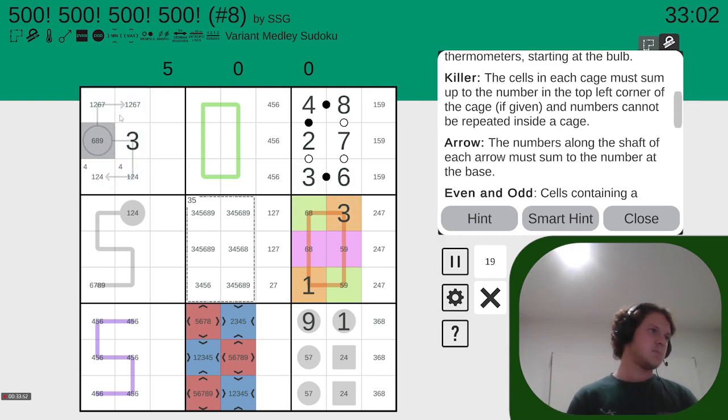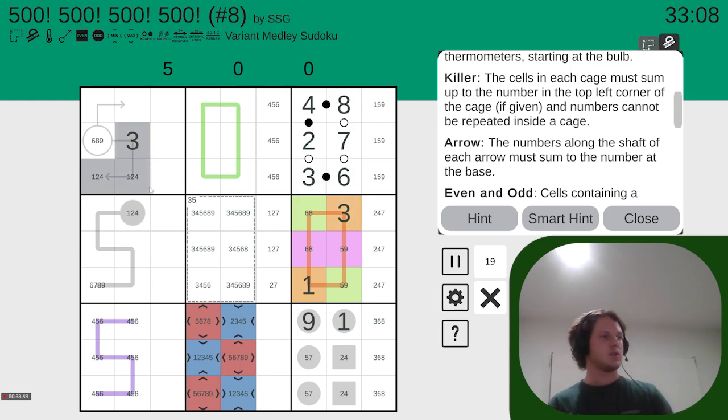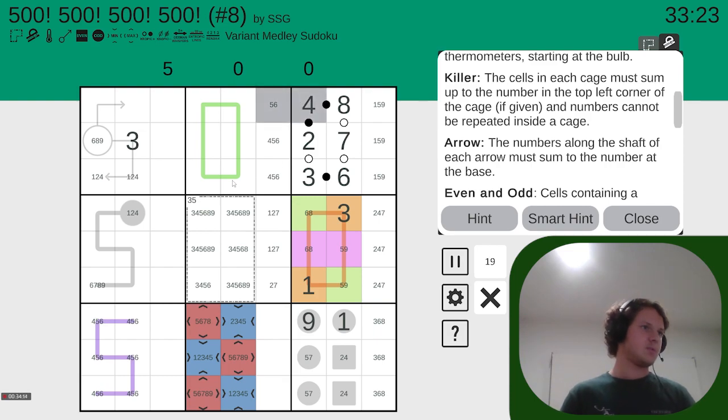Well, let's just put this 6 back and go back to 1, 2. Because those are the only digits that can go there. Right? This can still sum to 6. Completely perfectly. Oh wait, this can't be a 4.